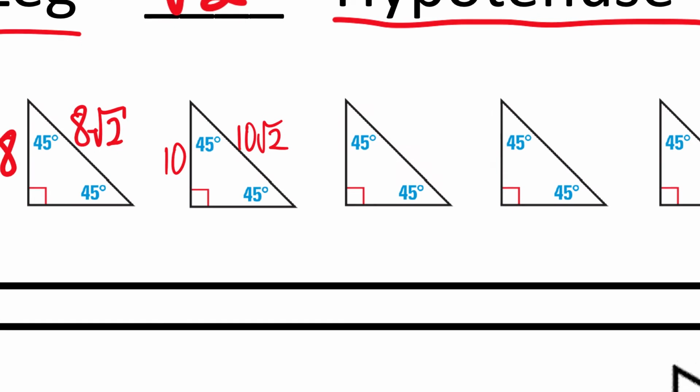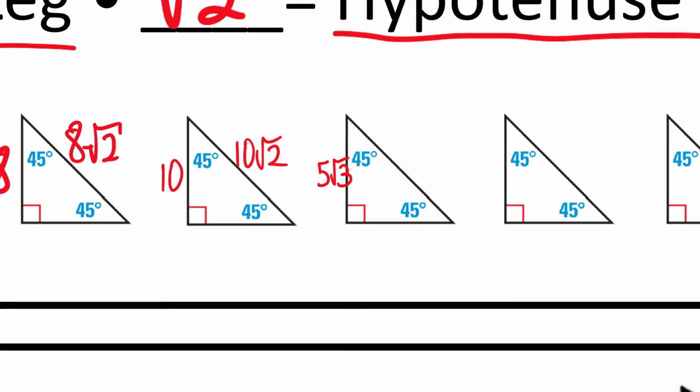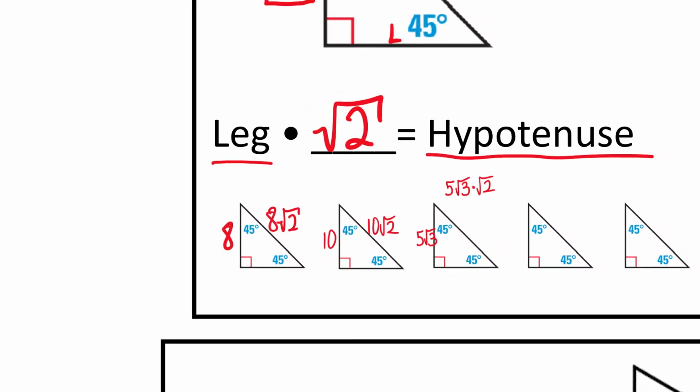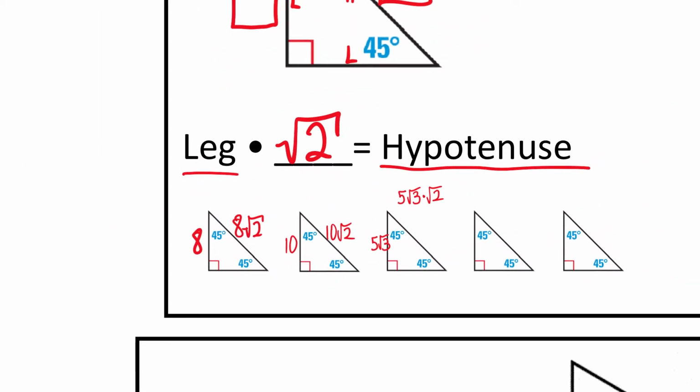All right. Let's say this side is 5 square root of 3. Okay, good. So we take the 5 square root of 3 times the square root of 2. Just like what this rule says, I just take the leg times the square root of 2 to give me the hypotenuse.